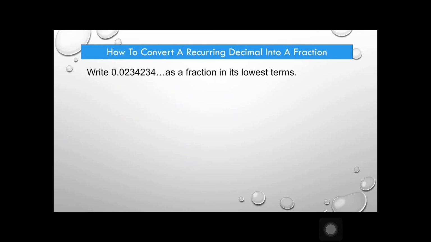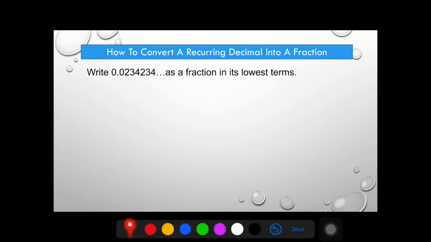Next, 0.0234234234... The number recurring is 234. Let n equal 0.0234234... and so on. 10n will be equivalent to 0.234234... and so on.